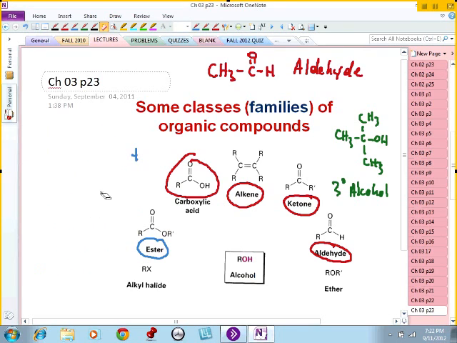Will it be this? No, because the hydroxy group is attached to a tertiary carbon. Okay? So if I tell you to give me a primary alcohol, it would be this. In other words, the hydroxy group must be attached to a primary carbon. Okay, so this is a primary alcohol. So that is why the designation of primary, secondary, and tertiary carbon is very important.